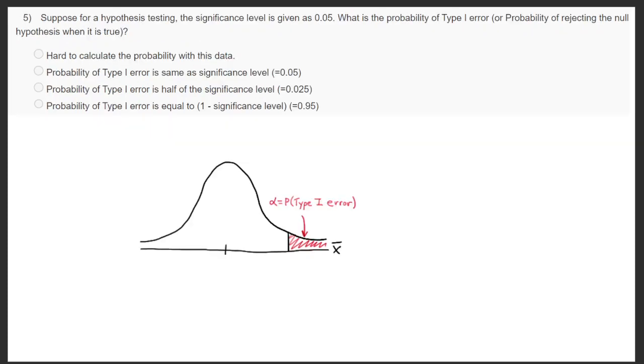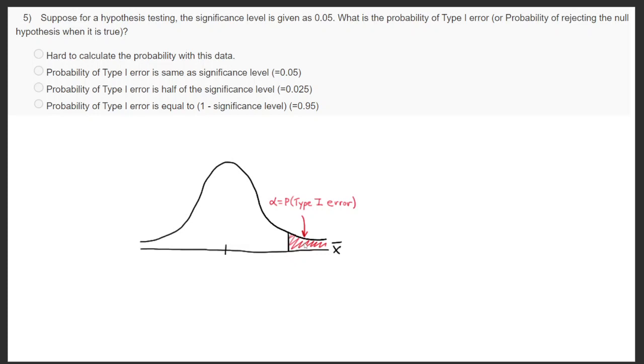Going to the fifth question. Suppose for hypothesis testing, the significance level is given as 0.5. What is the probability of type 1 error, or the probability of rejecting a null hypothesis when it is true? Type 1 error, we have already seen, is false positive.